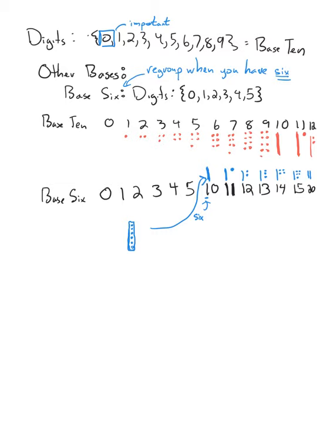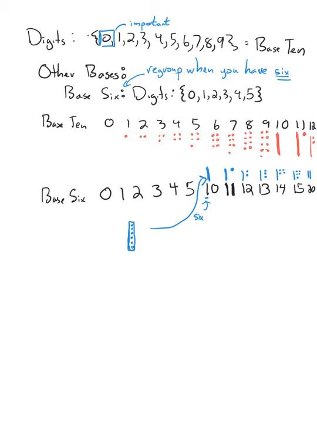So it looks kind of weird, but hopefully you understand the idea. Instead of regrouping in 10s, we're regrouping in 6s. And again, there's nothing particularly special about 6. We could do this with any number of digits we like.